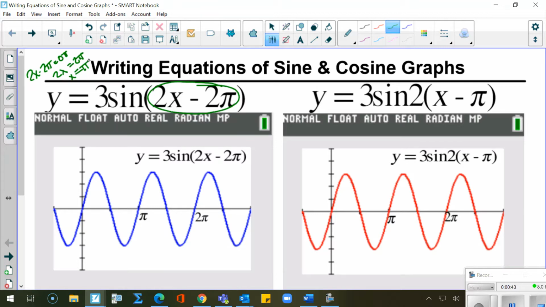If instead we use an argument that has the coefficient factored out, we can automatically see the phase shift here would be to the right pi. That's going to be an easier way for us to format the equations that we write.